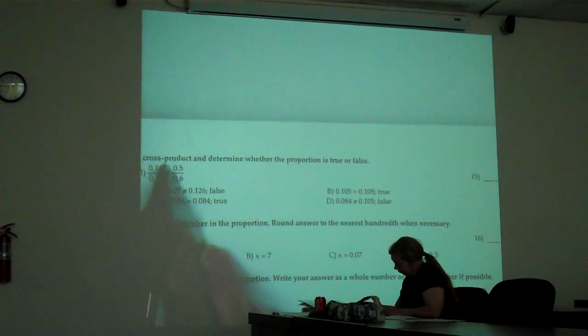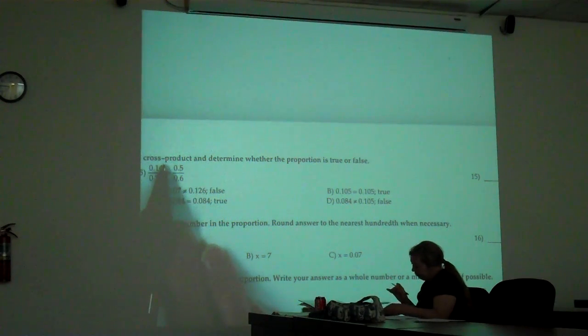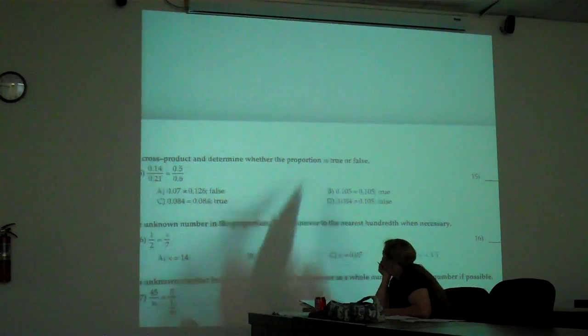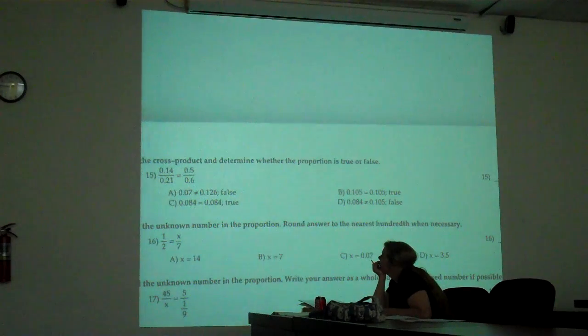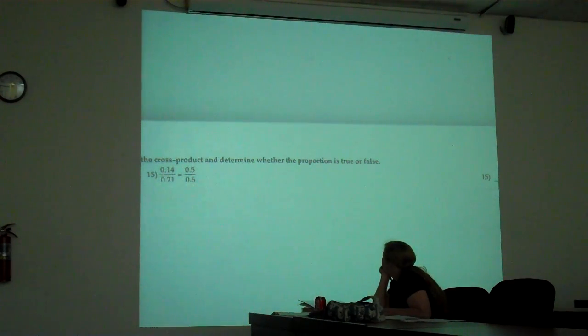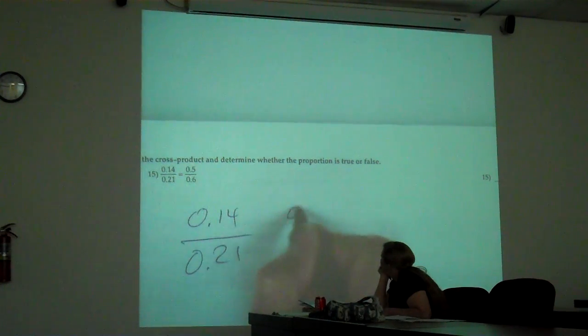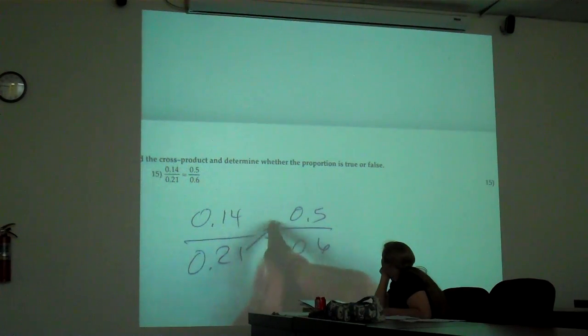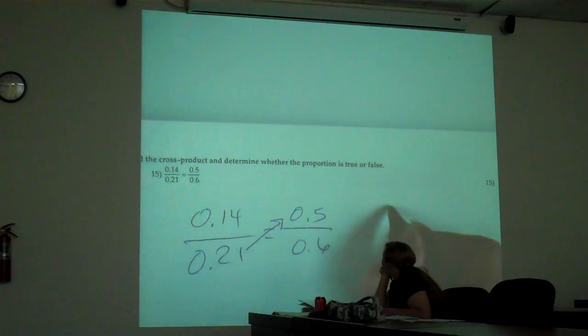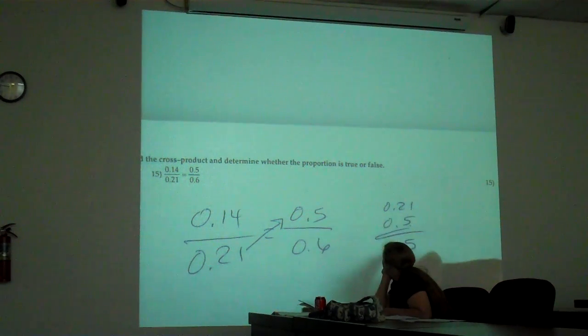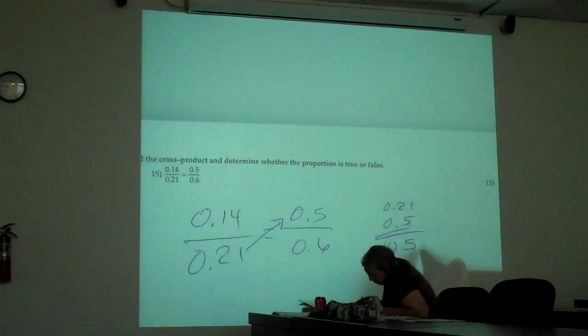Okay, number 15. Find the cross product. That's where you multiply across to determine if it's a proportion. You have 0.21 times 0.5. Let's write the whole thing here. 0.21 times 0.5. 5 times 1, 5 times 2, 3 decimal places.